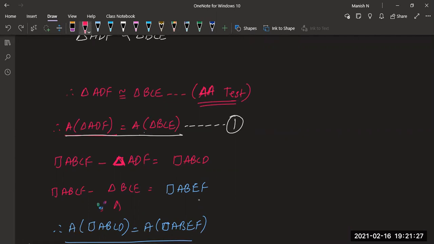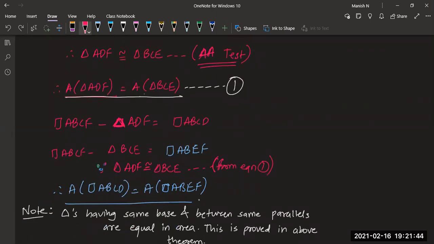Now we can clearly say that since triangle ADF is congruent to triangle BCE, from equation 1, therefore this gets cancelled out.